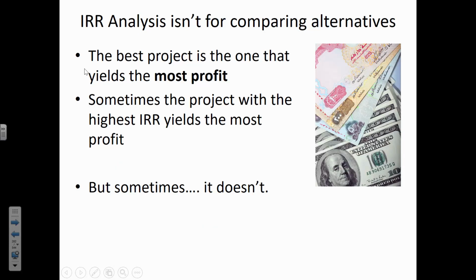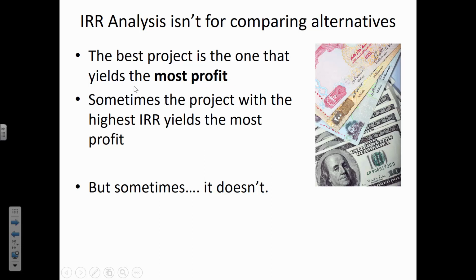So internal rate of return analysis can't be used for comparing alternatives. Not only is it limited to projects where you're reinvesting the money, but also internal rate of return can only be used for initial screening. It can't be used for selecting which alternative is best. Now, the definition of the best project is the one that yields the most profit.